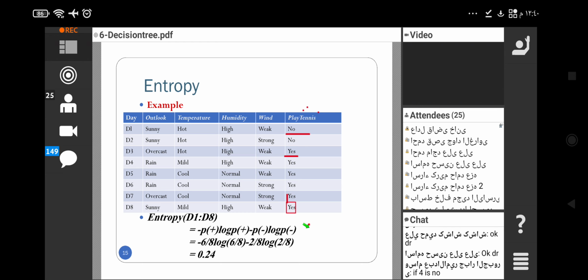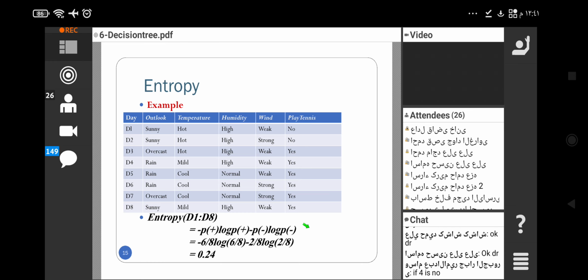So if all of these 8 data, all of them, the classes are yes, the entropy is 0. This is the best situation, this is the best value for entropy when entropy is 0.